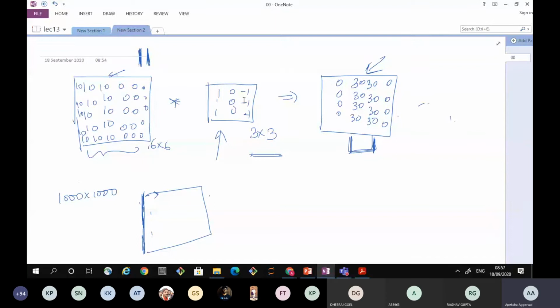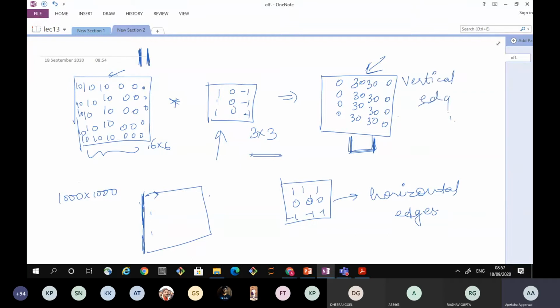Similarly you can do horizontal convolution as well. For that it can be 1 1 1, 0 0 0 and -1 -1 -1. So this will identify the horizontal edges in the image, and the earlier one identifies vertical edges. That is why we need the convolution operator.